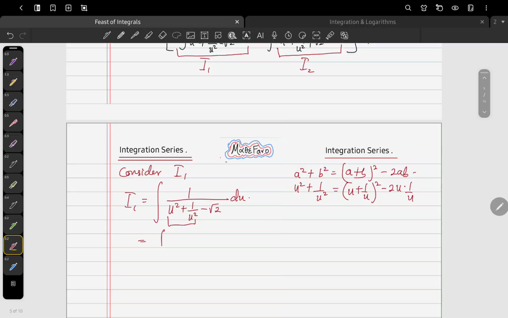So it means this can change into u plus 1 over u all squared minus 2, because this cancels this, minus square root of 2 du. And we can actually write that to look like a sum of two squares.